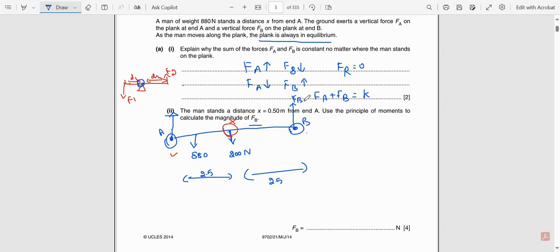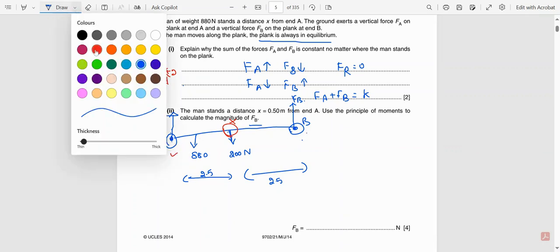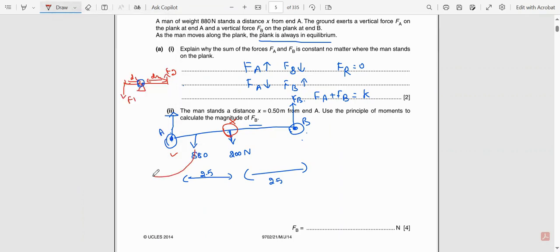According to the principle of moments, we can consider any point. So I'm going to consider FA first. With respect to FA, this is a clockwise force, this is also a clockwise force, and this FB is an anti-clockwise force.